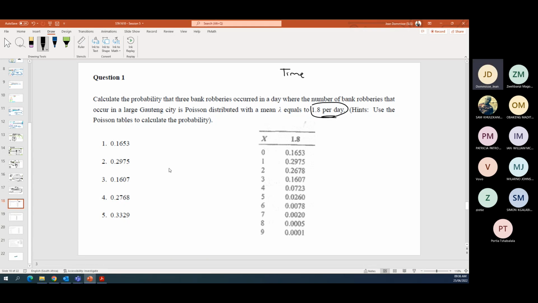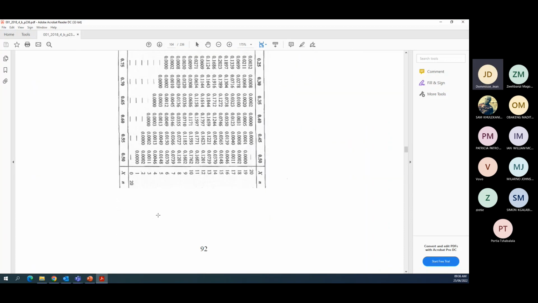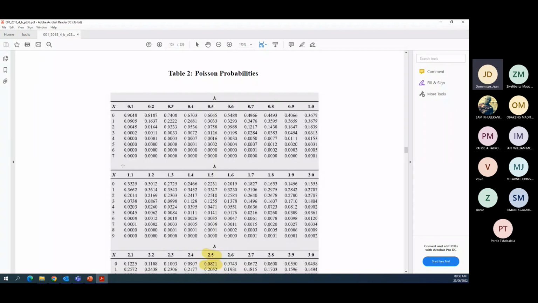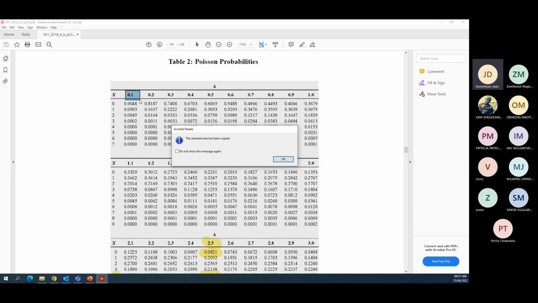Okay. For me, Poisson is always easier to do than binomial because the tables are much easier. If you look at your set of tables for Poisson distribution, you get the Poisson number, or the sigma.